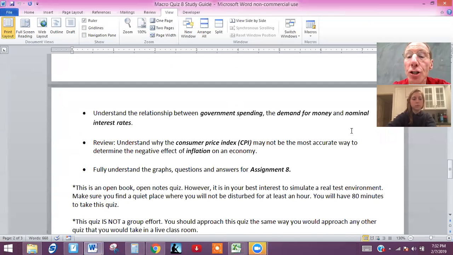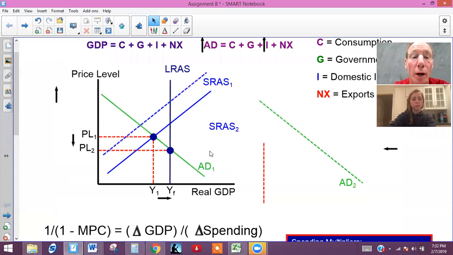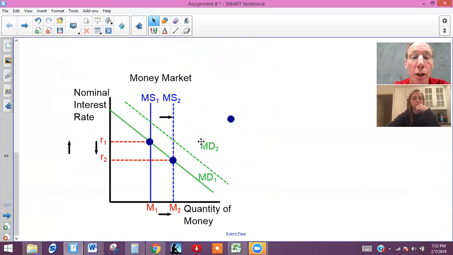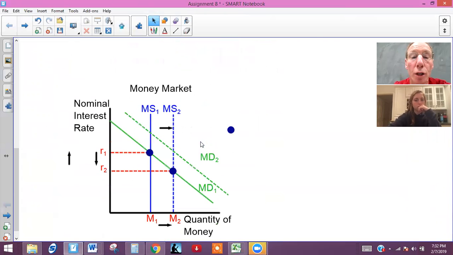Okay. This is just looking at the money demand, and if government spending goes up, right? So let's look at that graph right here. If government spending goes up, it's going to mean that money demand goes up, right?